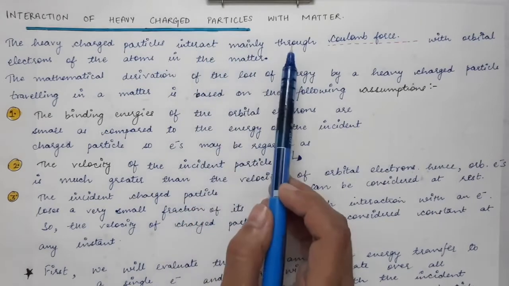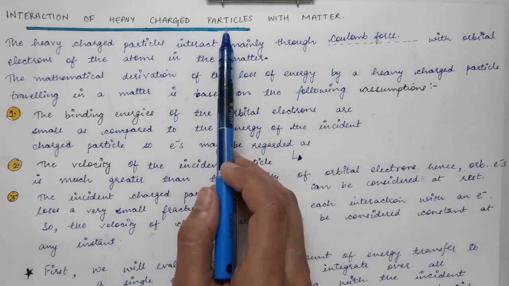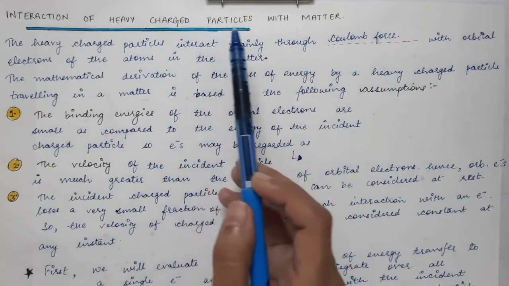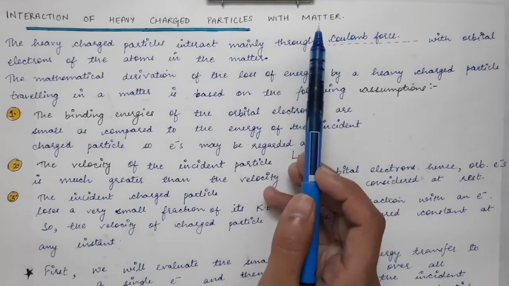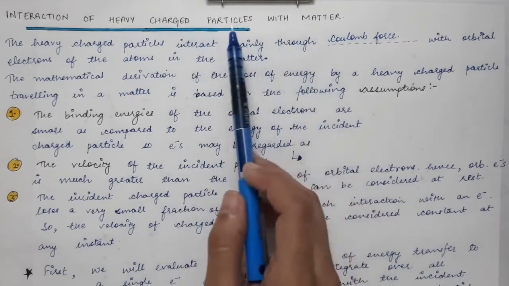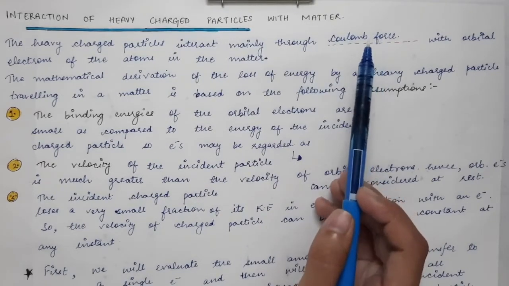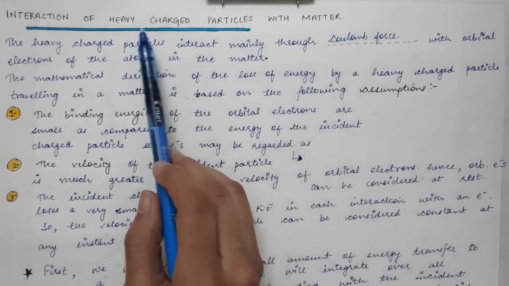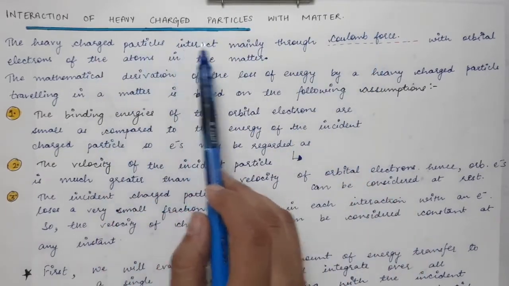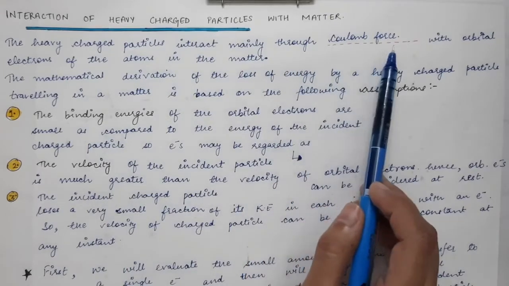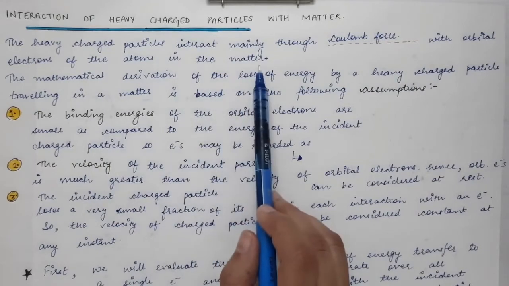As the heavy charged particle is a charged particle, and the orbital electrons in the matter are also charged particles, they both interact via the Coulombic forces. So the interaction is the Coulombic interaction of the heavy charged particle with the medium. Heavy charged particles interact mainly through Coulombic force with orbital electrons of the atoms in the matter.